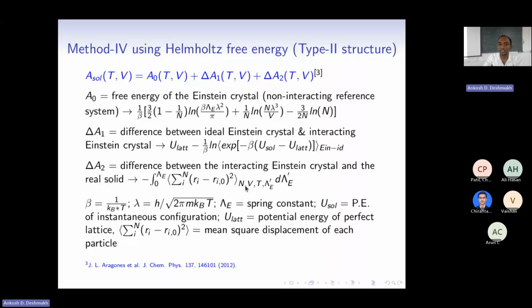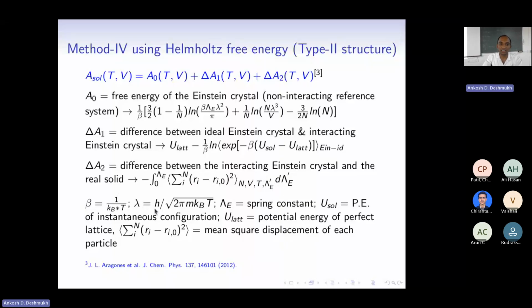All simulations are done at constant temperature, volume, and number of particles, that is the NVT ensemble. And lambda E dash is the maximum spring constant value at which the integration is done.